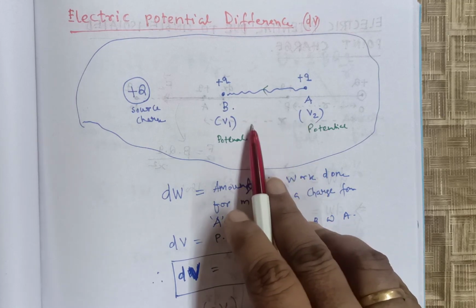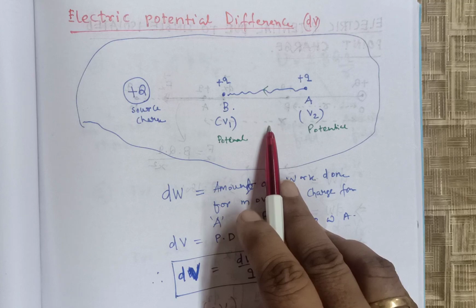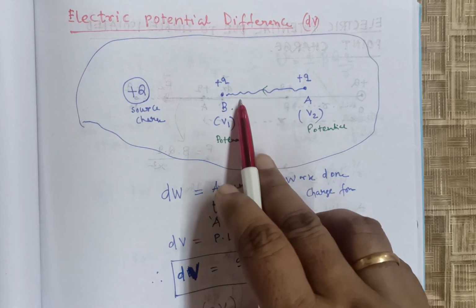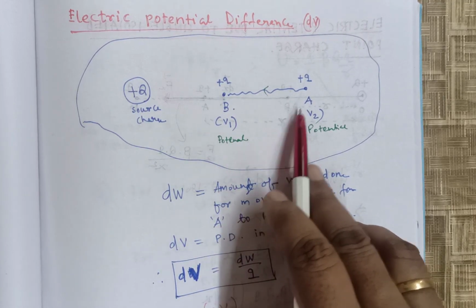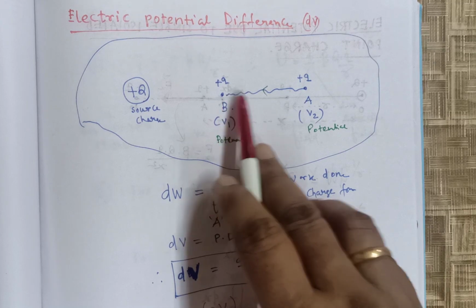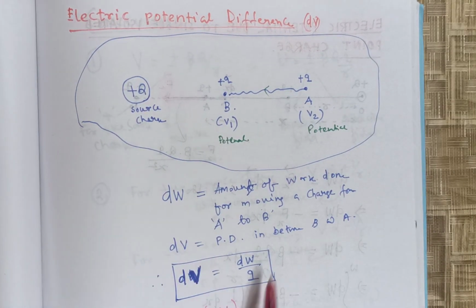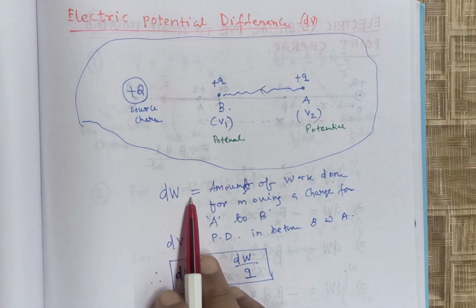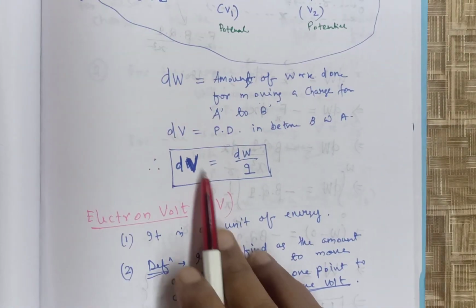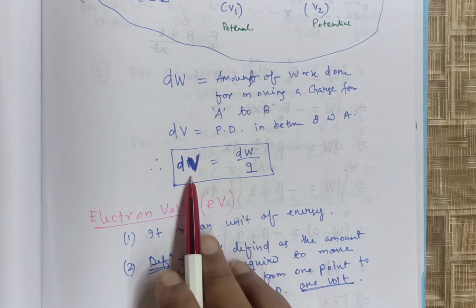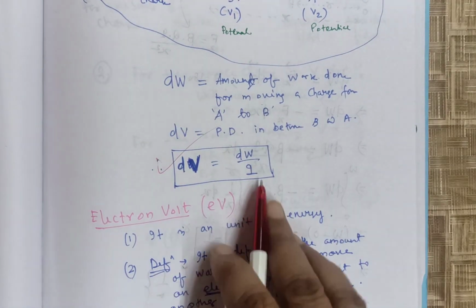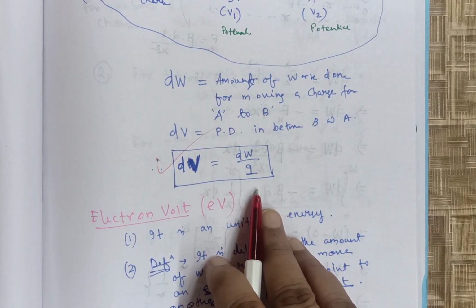So what is electric potential difference? You say the amount of work required per unit charge from one point to another point. Let the potential difference between A and B be dV, and the amount of work be dW. As we know that V is equal to W by Q, similarly dV is equal to dW by Q.